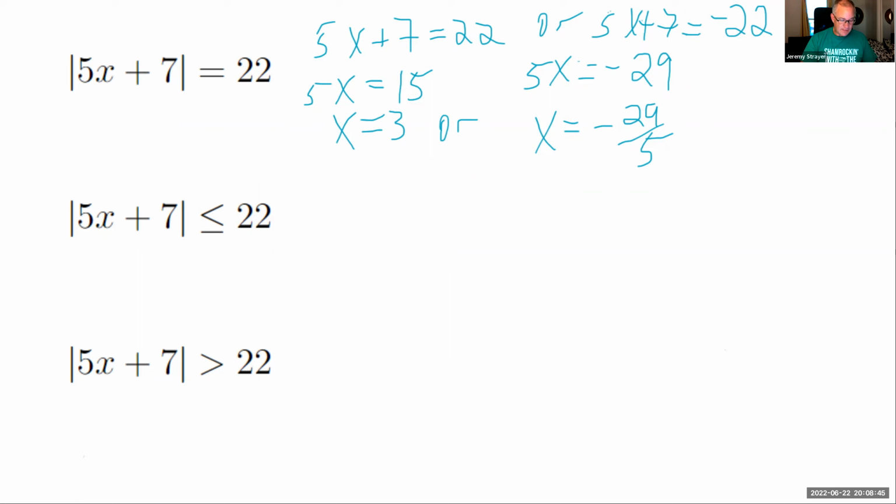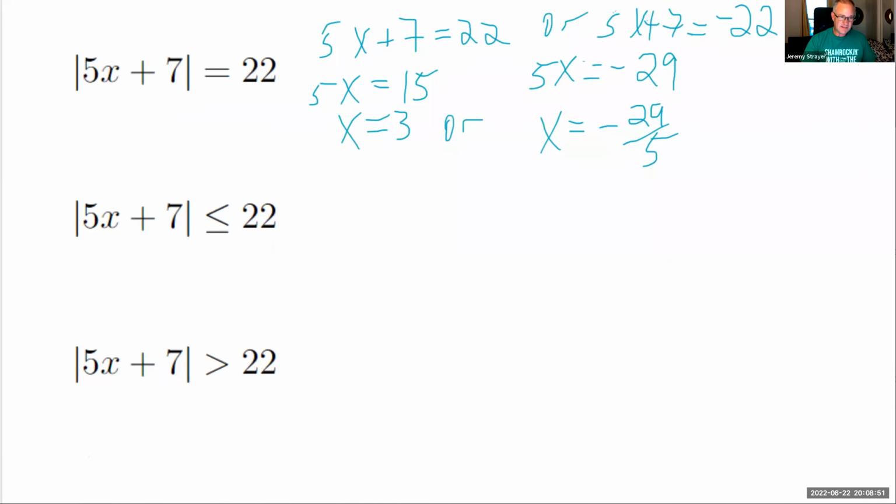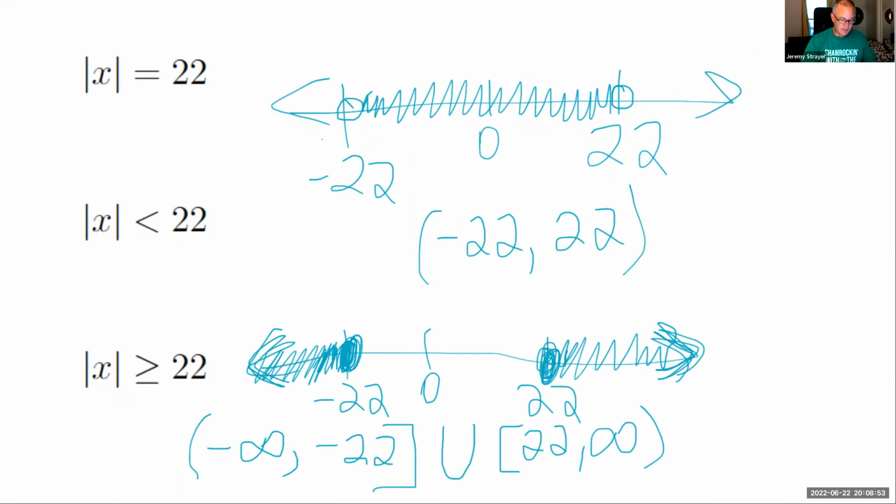Okay, now let's take a look at this. This one is the same situation as the previous, right? It's just that what's inside the absolute value sign is an expression now, but we're going to have a situation that's kind of like this.